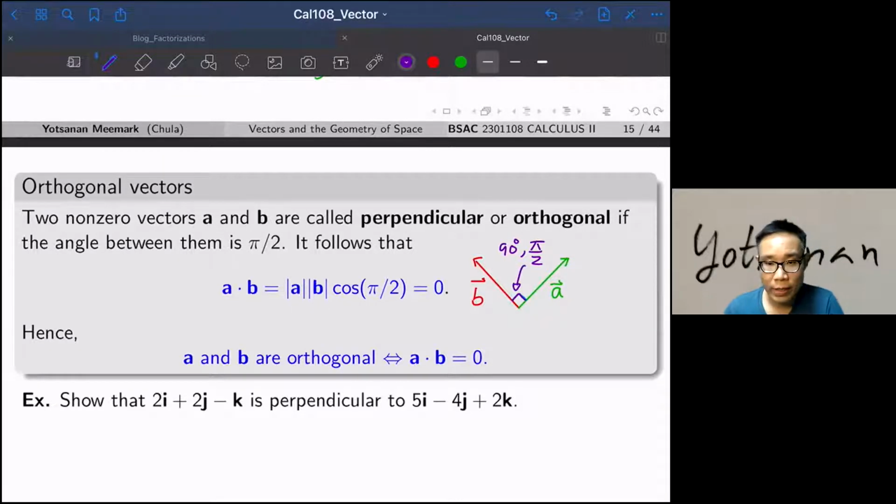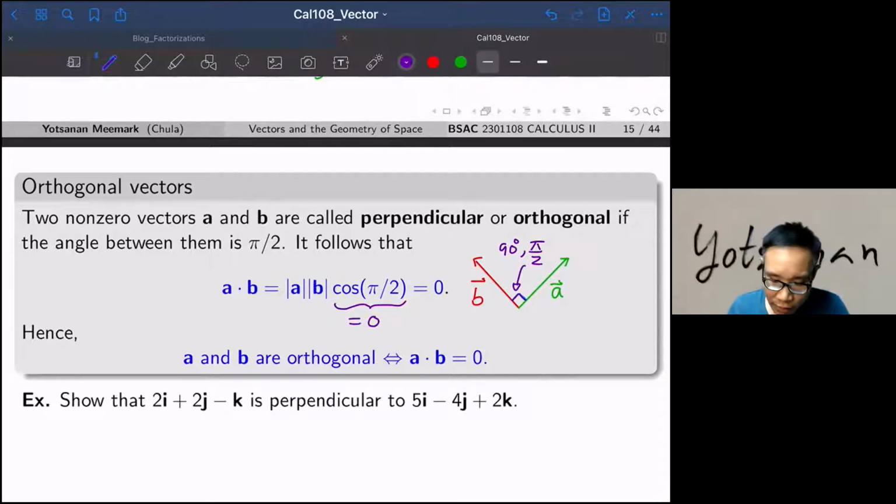When the angle between them equals pi over 2, it affects A dot B. A dot B equals norm A, norm B, cosine pi over 2, and cosine pi over 2 is equal to 0, which makes A dot B equal to 0.